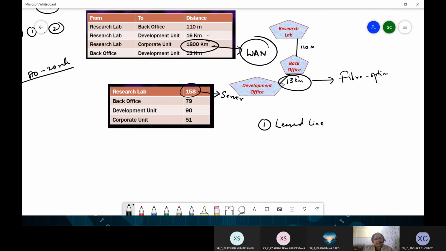So this line is used for traffic only generated by the company's branches, not any external traffic. External traffic is filtered out because they have their own firewalls and their own proxy gateways, which block the outside traffic. So this line is totally dedicated.